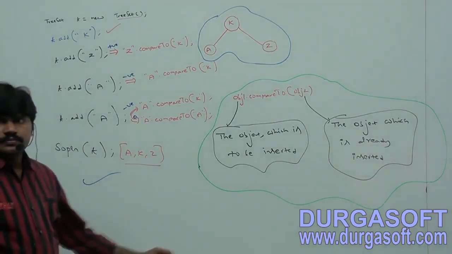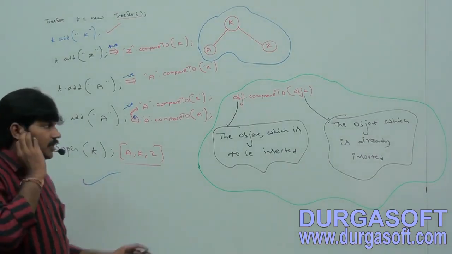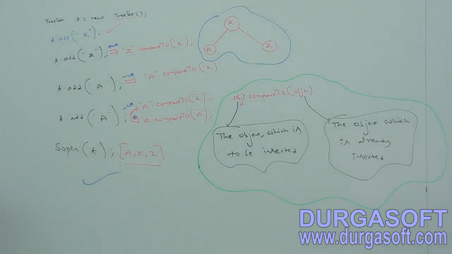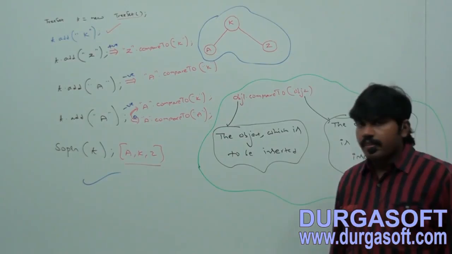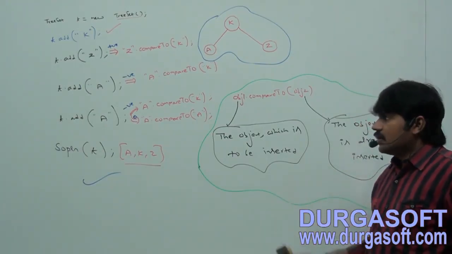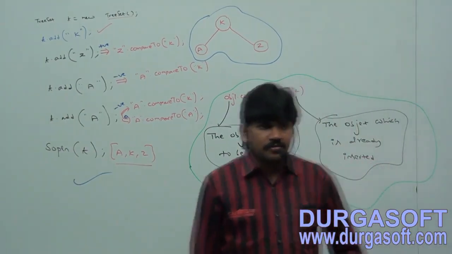Completed, right? So the most valuable terminology you people should be aware of clearly. So the output we are going to get is a, k, z. Okay, so any explanation is required about this one?